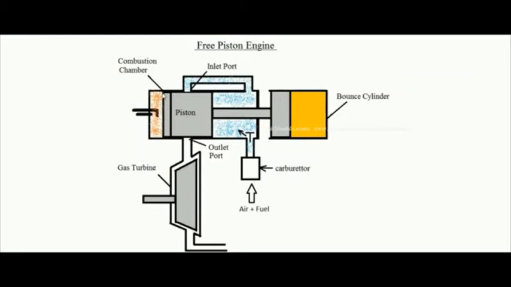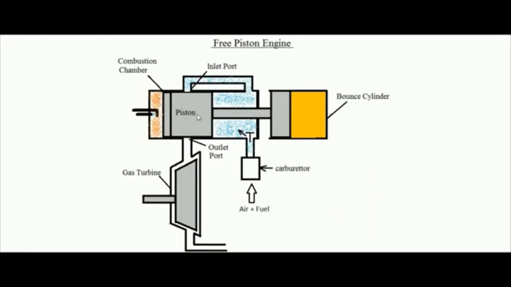Now when it is fully compressed, a spark is introduced by this spark plug, this blue colored spark. Now this entire air fuel mixture will be ignited. Here the pressure is raised, so it will push the piston toward the right hand side.